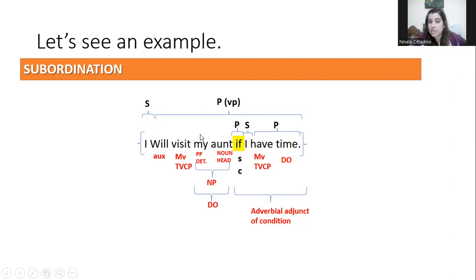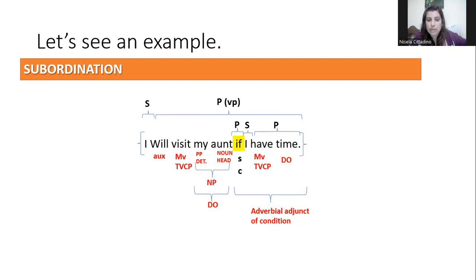In subordination, the clauses are not equally important. If I have time depends on the meaning of the first clause. If I have time is the second clause that I have to analyze.